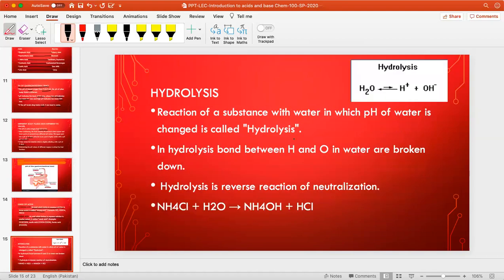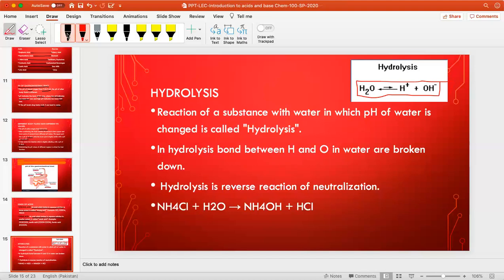So this is the figure. This is the ionization process. What is meant by ionization? The conversion of these into ions, hydrogen ions and hydroxide ions.